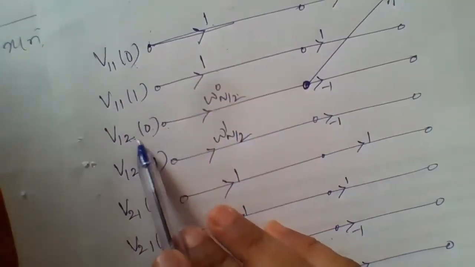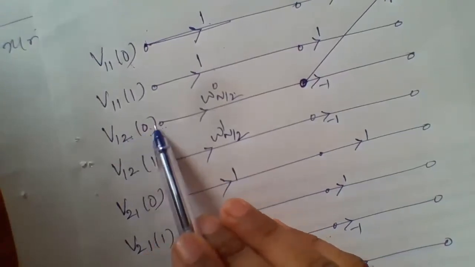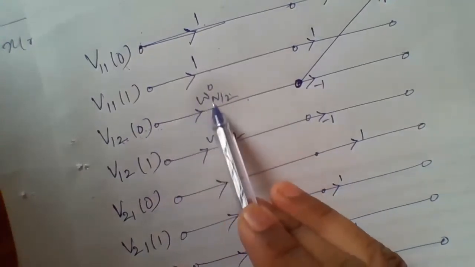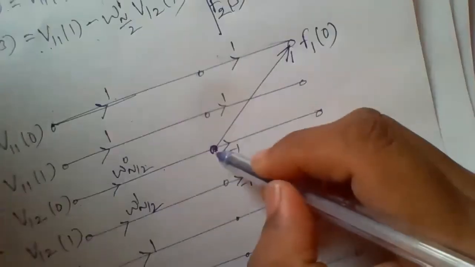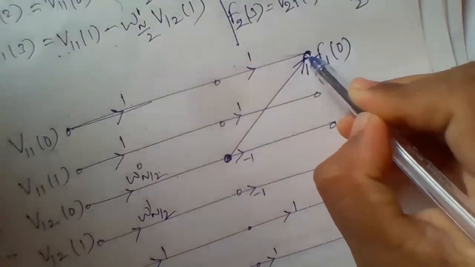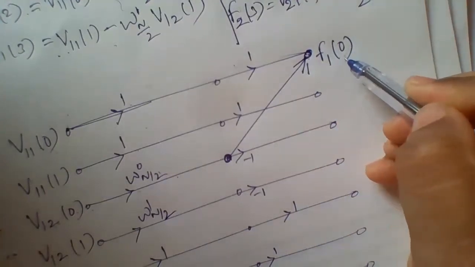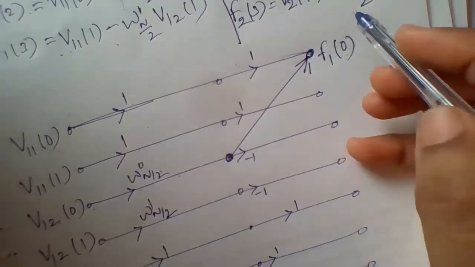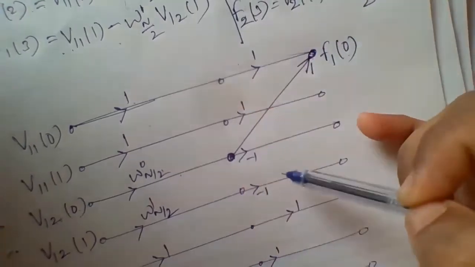Second one, we have v12 of 0 in the third place, where this v12 of 0 is going to flow in the branch which is multiplied by w raised to 0. Okay, and at this node, whatever the product that appears, that will be added with v11 of 0. So therefore, this node here, I get f1 of 0. Okay, so you need not add any signs and all. Just you will have to connect the branches. Every sign change, everything will be already present in the signal flow graph.